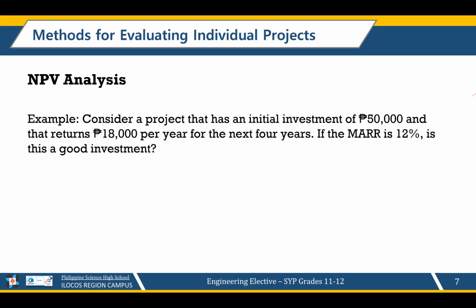Using NPV analysis, the first thing is that we need to draw our cash flow diagram. This is for 4 years, so we start from 0, year 1, year 2, 3, and up to year 4. At year 0, we start with an investment of 50K.